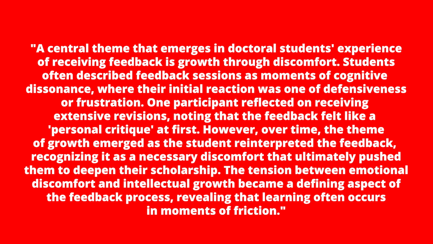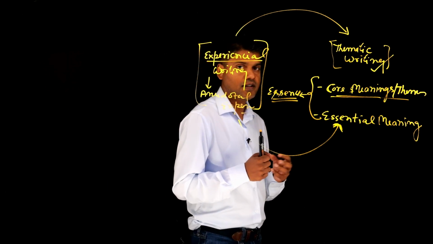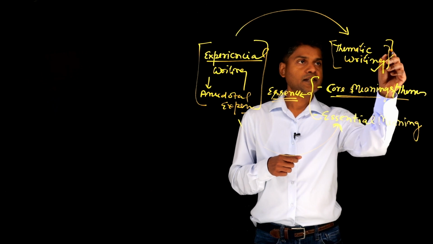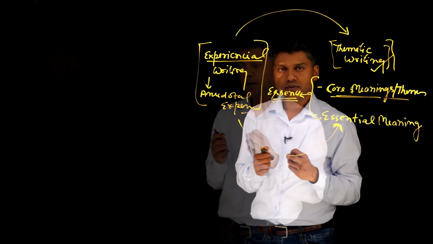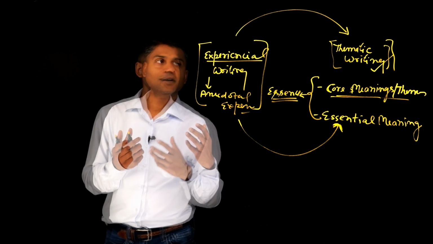So here, the theme of growth through discomfort captures the essential meaning of receiving feedback. It highlights the transformative tension between feeling challenged and using that challenge as a catalyst for personal and academic growth. This example helps to delineate how you write your thematic draft.